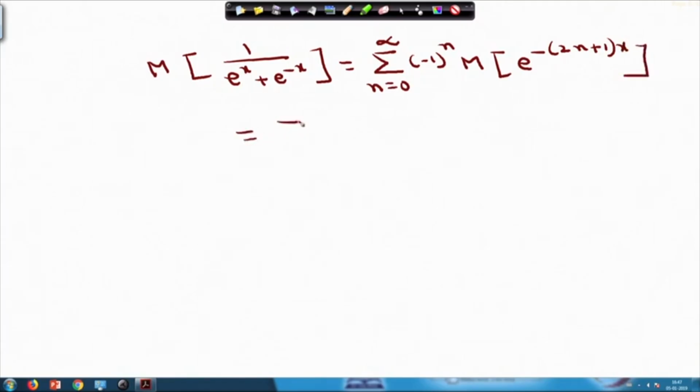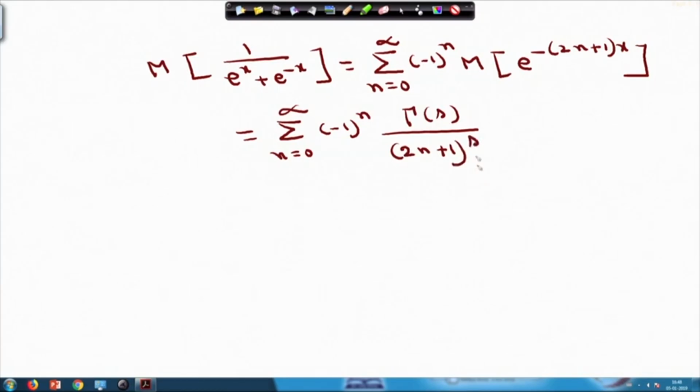And from the Mellin transform of e power minus a x, this equals summation n equals 0 to infinity minus 1 to the power n gamma s, a is 2 n plus 1. So, therefore, it will be 2 n plus 1 whole to the power s.